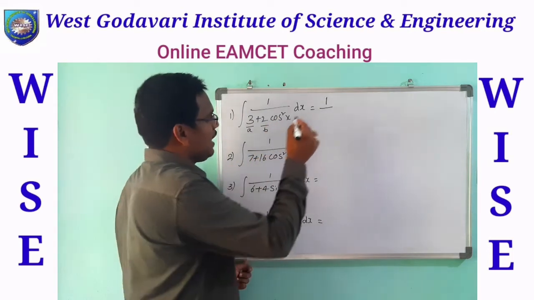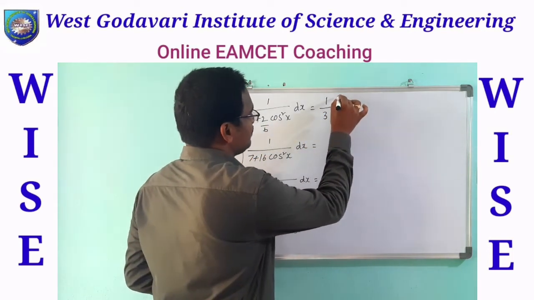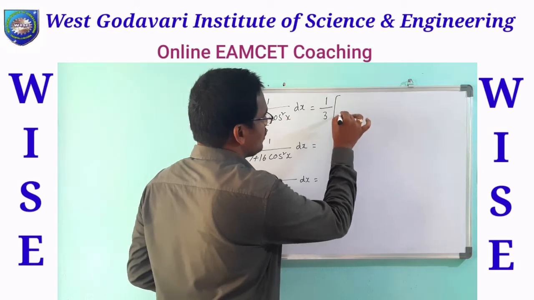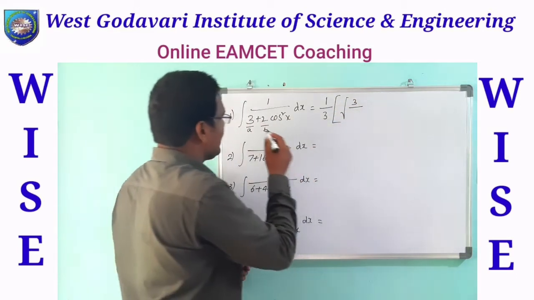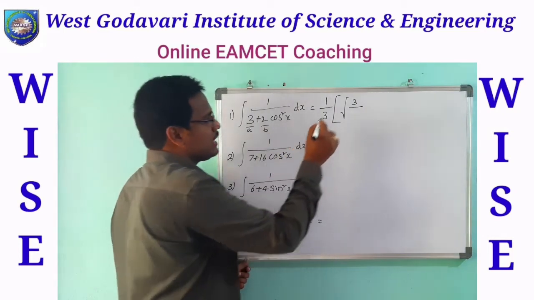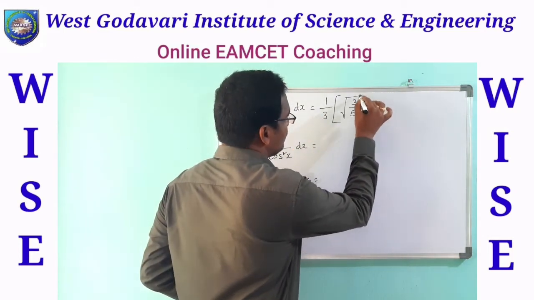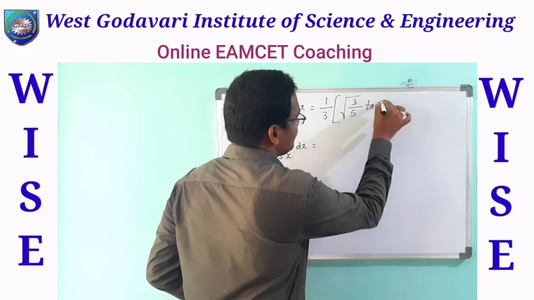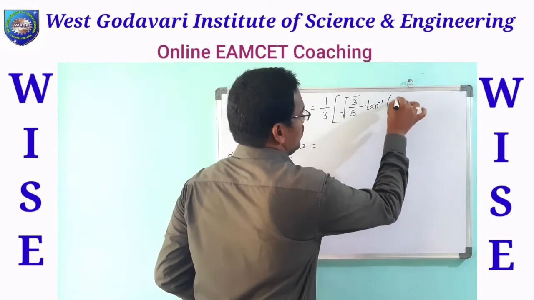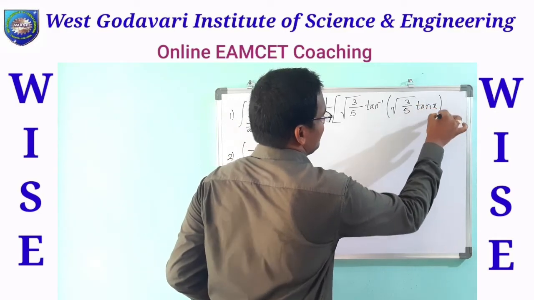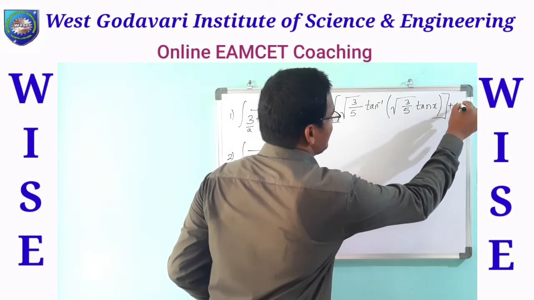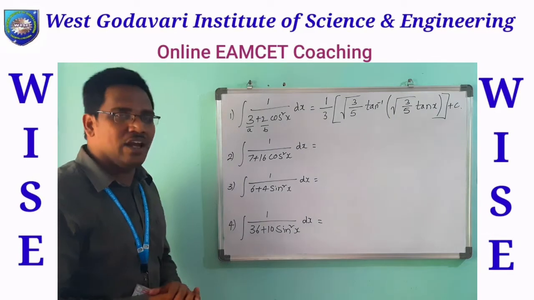So 1 by a, that is 1 by 3, of square root of a by a plus b, that is 3 by 3 plus 2, that is 5, tan inverse root 3 by 5 tan x plus c. So this is the result of the first question.